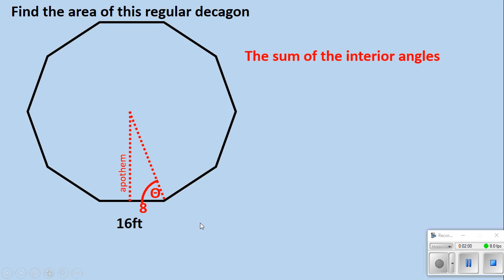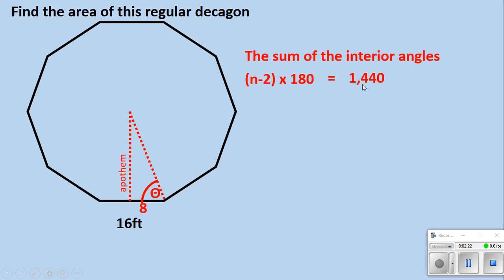All right, to do that, we're going to use the rules we learned about the interior and exterior angles of a polygon. We're going to start with the sum of the interior angles. We had a formula for finding out what all the angles add up to. It was n minus 2 times 180. For my decagon, I'm going to be plugging in 10 for n, and I'm going to get 1,440. You're going to plug in a different number. I'll let you figure out what you get.